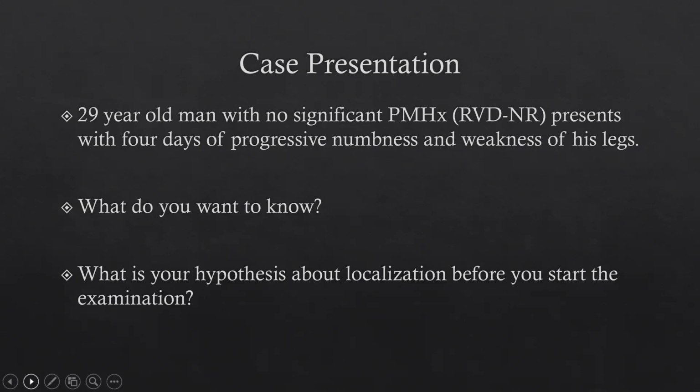All those things help you localize, so that at the end of your history you can formulate a proper localization before you get into your examination, and then use your examination to see whether you're on track in terms of what you were thinking from your history.